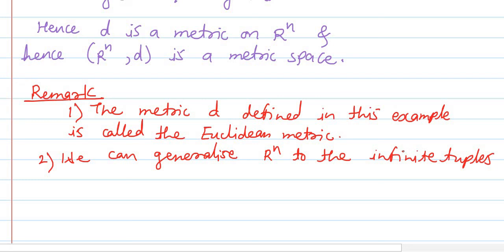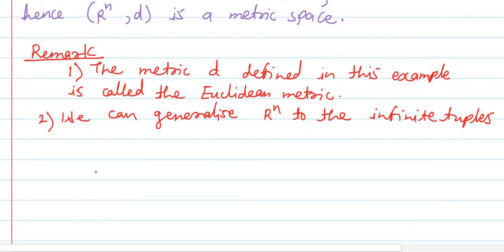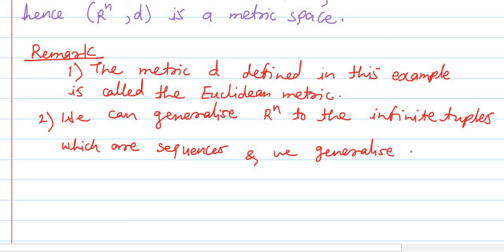In place of n-tuples, if we consider infinite tuples of real numbers, these are nothing but sequences of real numbers, and therefore we can generalize this Euclidean metric which we have studied in this example.